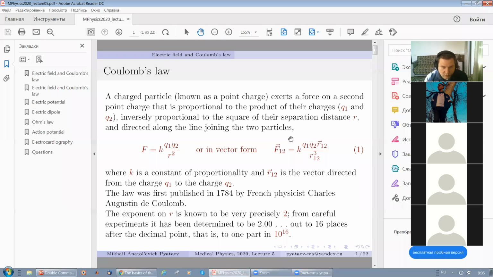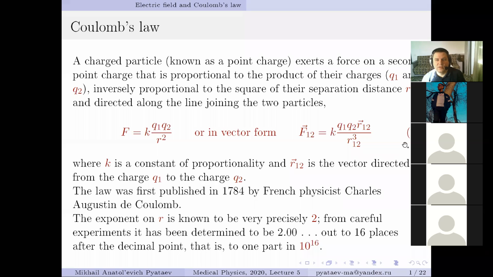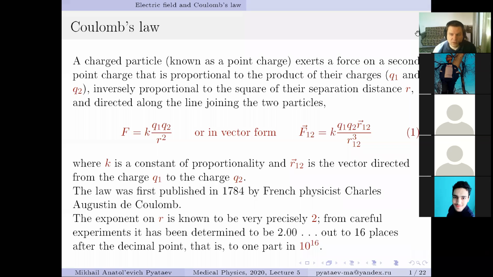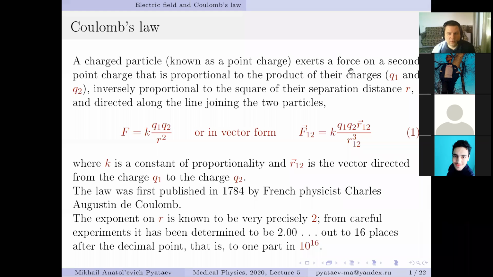Here is my lecture. As I said, we'll start with physics, and I'll tell something about organization of process in the end. So today's general topic is electricity, and we'll discuss some fundamental things related to this topic, and then we'll discuss some application of electricity in medicine.